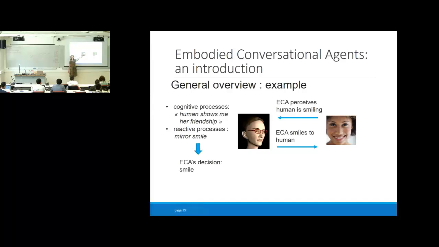A smile can have very, very different functions, so how do you interpret the smile in a given interaction context? Here it says, oh, the human is showing me friendship. So in that case, I want to show my friendship too, and I will mirror his smile. The virtual agent may decide to smile back, and that has to be done in real time at the frame level.